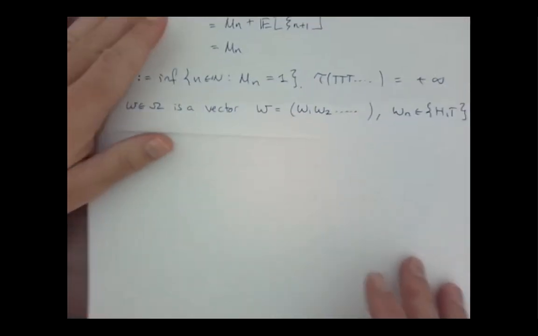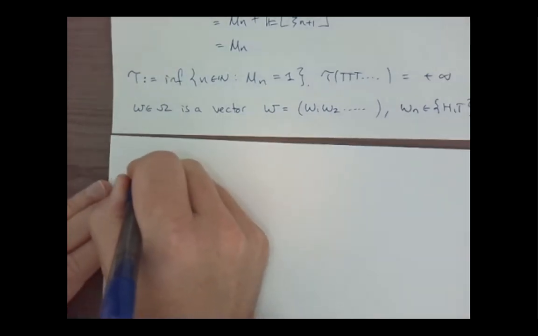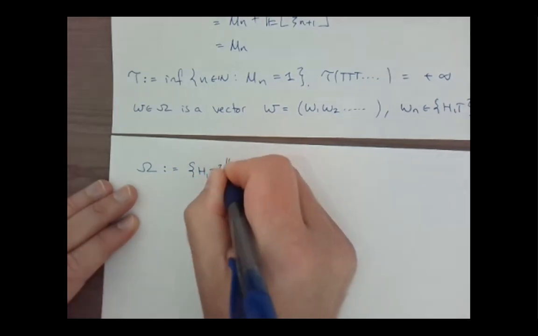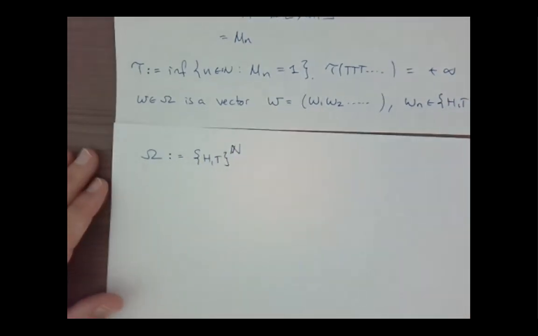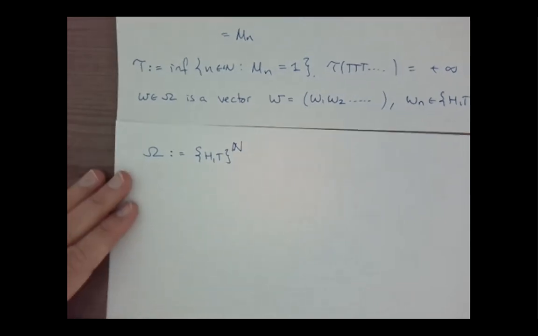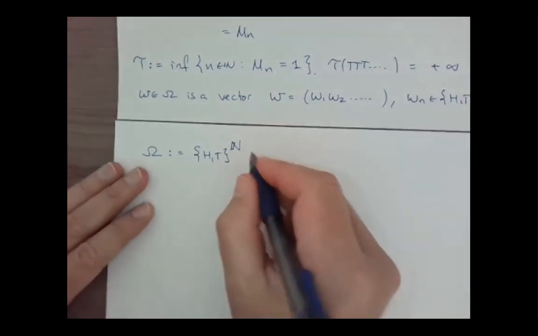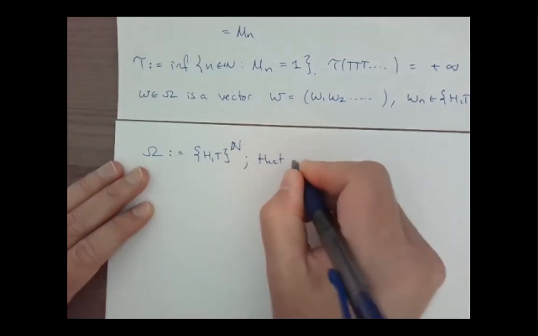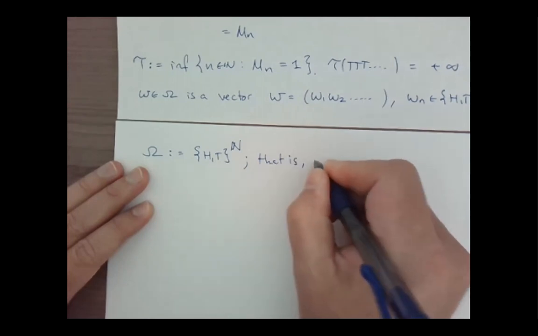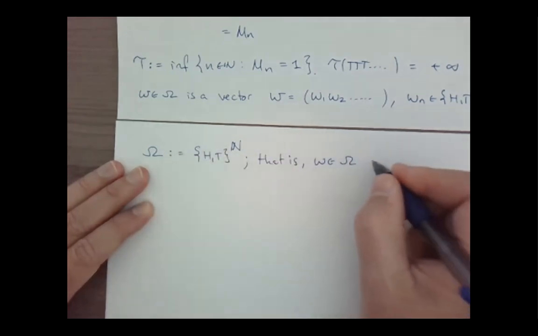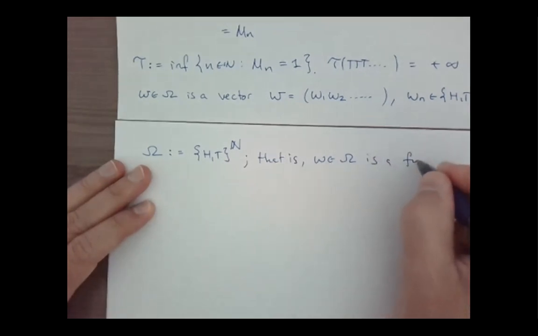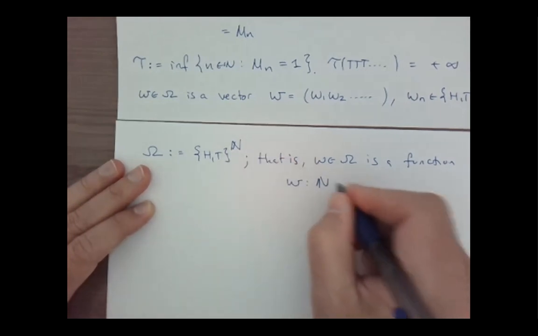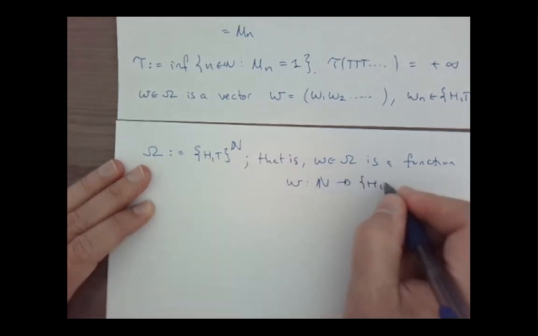One way to write this is to say omega is equal to {heads, tails} to the power of N. The way to think about this is that omega is a function with domain N and values in {H, T}.